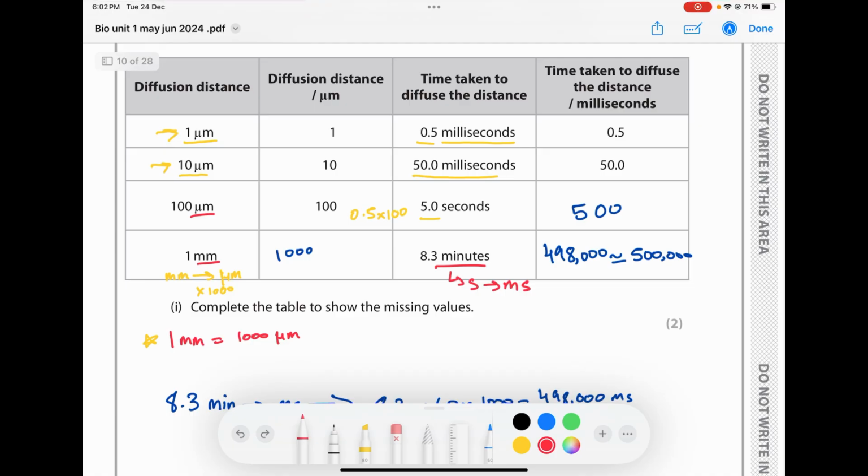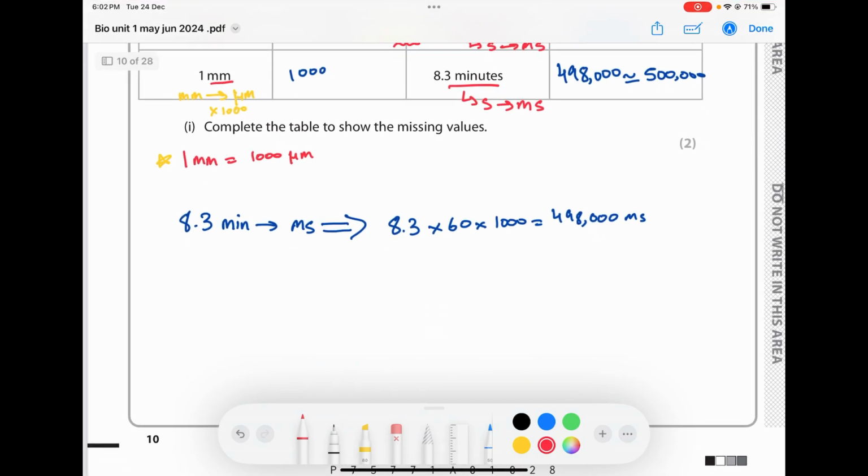And then we have 0.5 milliseconds right over here, right? And then we have milliseconds again. Here we have seconds, so we have to convert these seconds into milliseconds, which we're going to do by multiplying by 1,000. Now, if I want to convert minutes into milliseconds, I've written it down here.